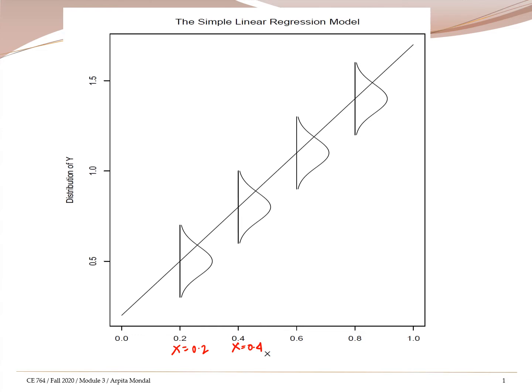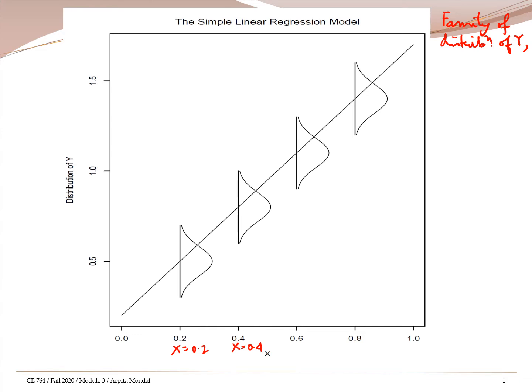At x equal to 6 also it's a bell-shaped curve, and so on. So the family of distribution of y does not change.